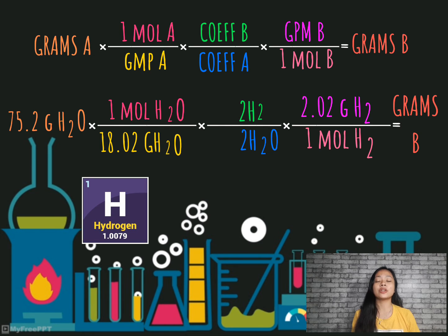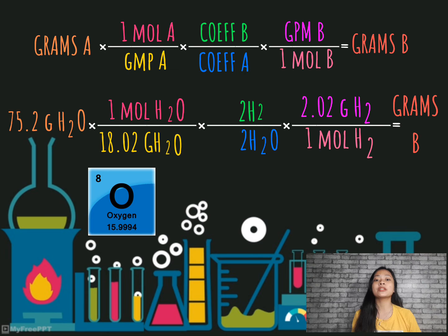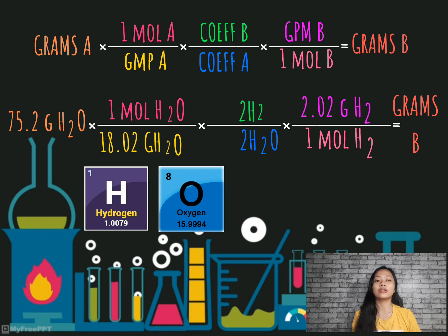The atomic mass of hydrogen is 1.01, and we need to multiply that by 2 because H2O has 2 hydrogen atoms. So, 1.01 times 2 is equal to 2.02. And the atomic mass of oxygen is 16.00. So, we need to add these together. We get the total of 18.02 grams H2O.